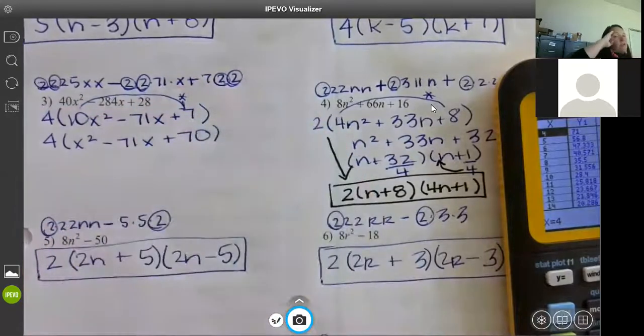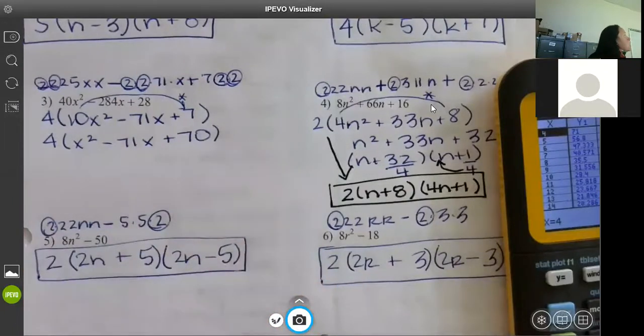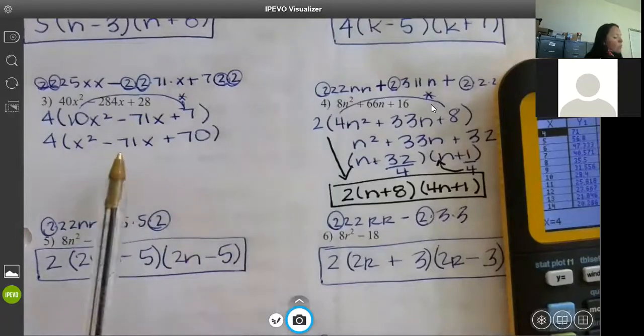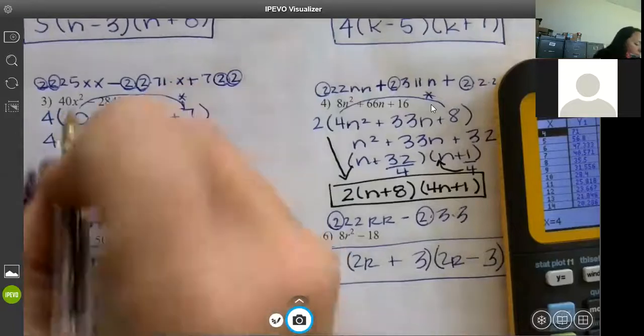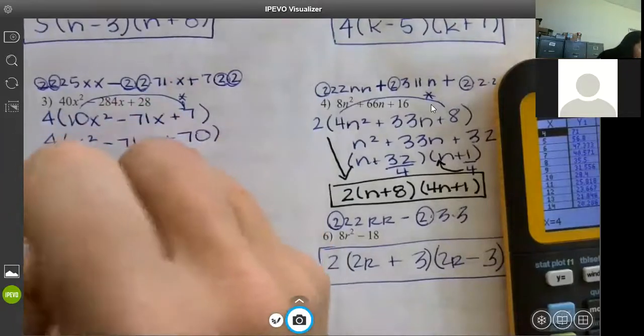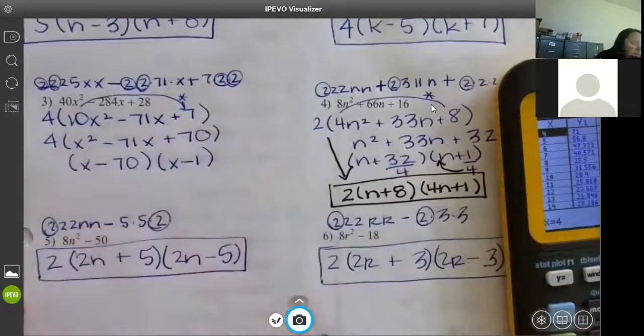Make it easy on yourself. What are your factors of 70 that add to 71? 71, or sorry, 70 plus 1. But since it's a negative 71, what do we have to do? Nope. What do the factors have to be if it's a negative 71 in the middle? So our two factors are negative 70 and negative 1.